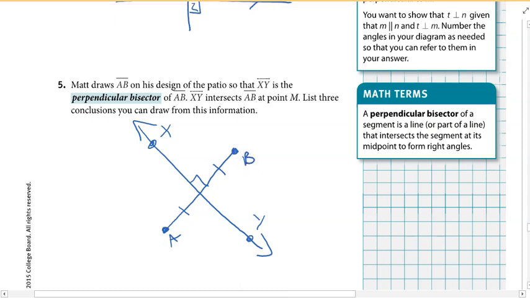So I can indicate that both of those properties are listed there. Segment AB has equal halves on the left side and right side, or bottom and top, of line XY. That's bisected, and the perpendicular symbol shows that it is perpendicular. List 3 conclusions that we could draw from this information.